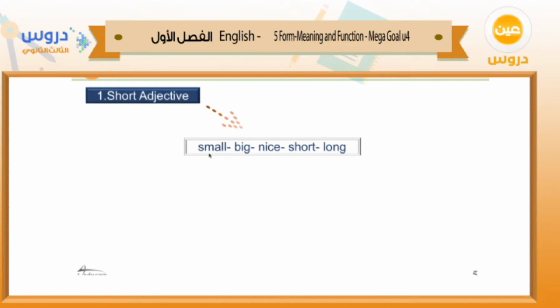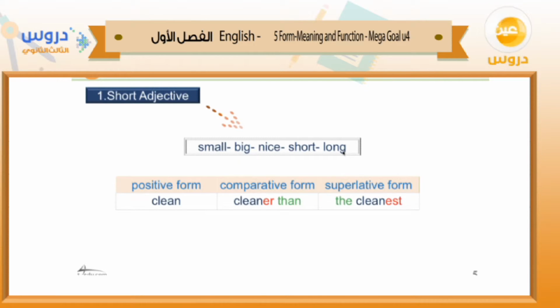Why do we call them short adjectives? Because each word consists of one syllable. We pronounce it as one part: small, big, nice, short, long, one syllable.